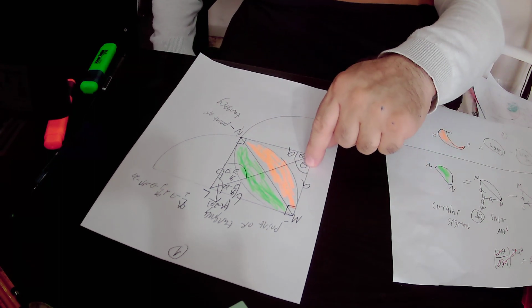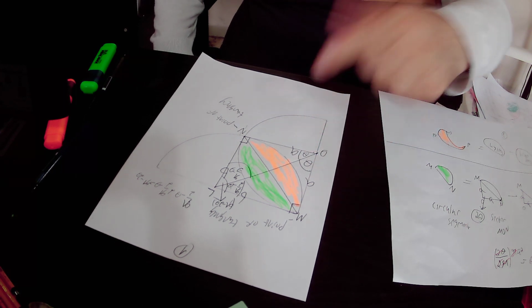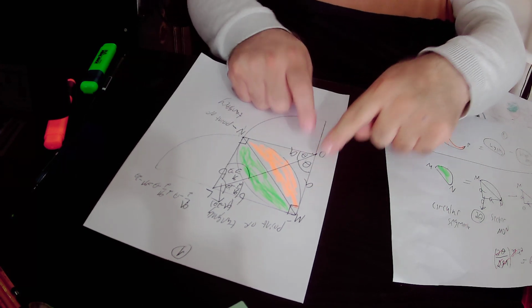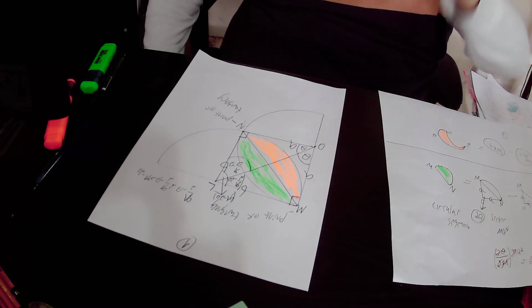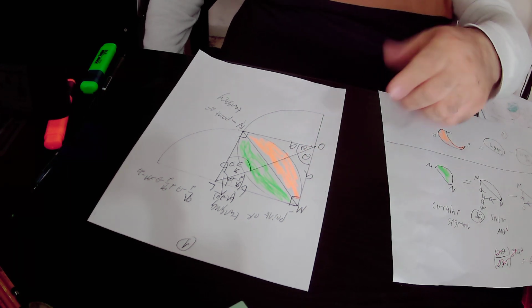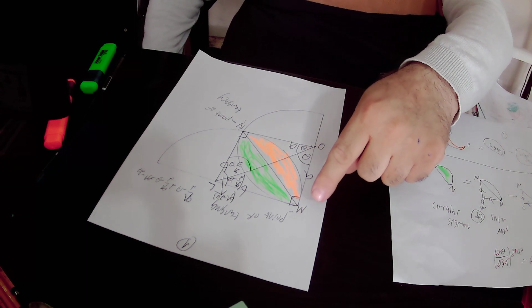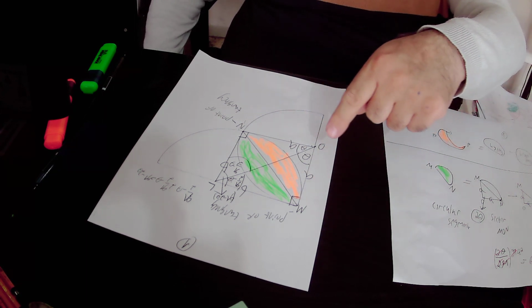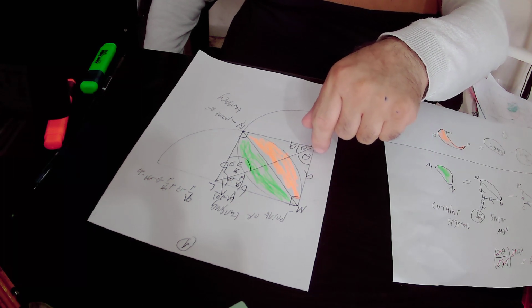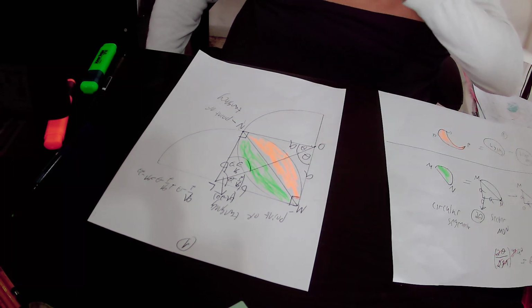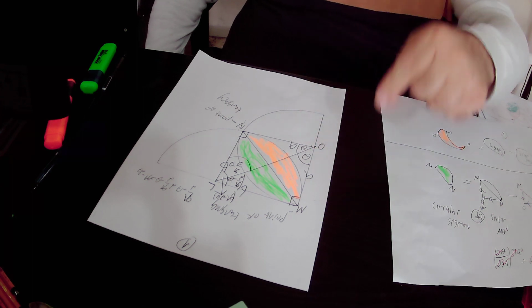So if this angle equals theta, then this angle must also equal theta, because those two angles are equal to each other. So what is the size of angle MON? It is equal to the sum of those two angles, that is, theta plus theta.